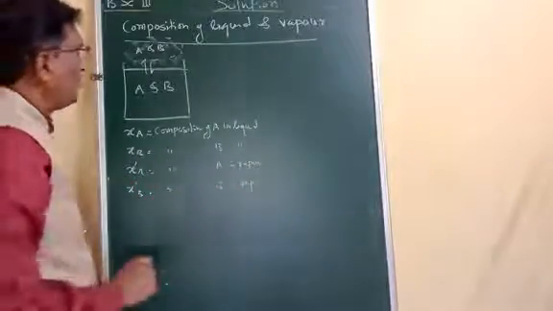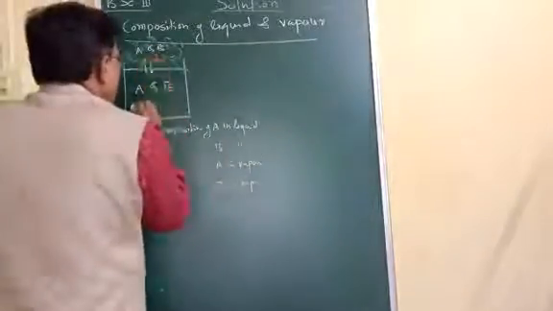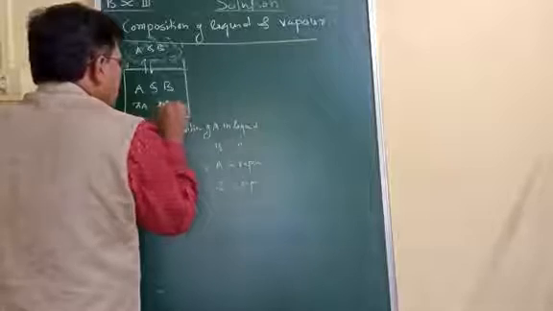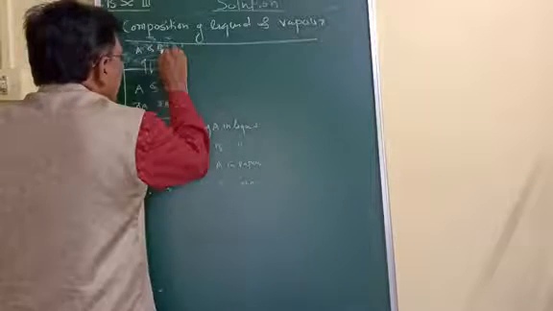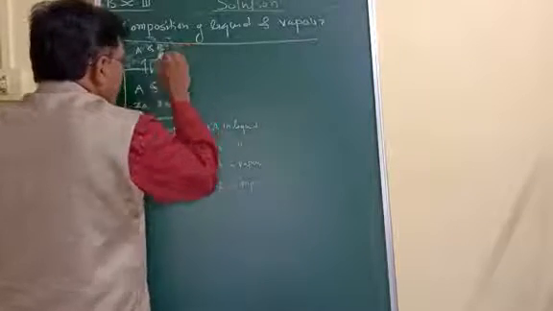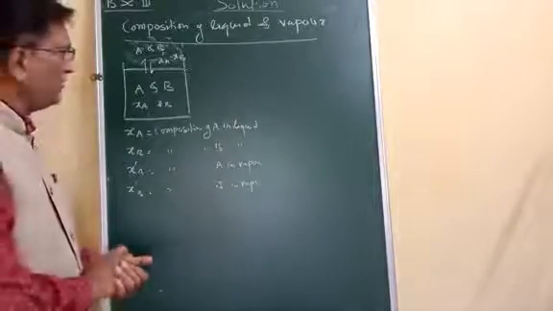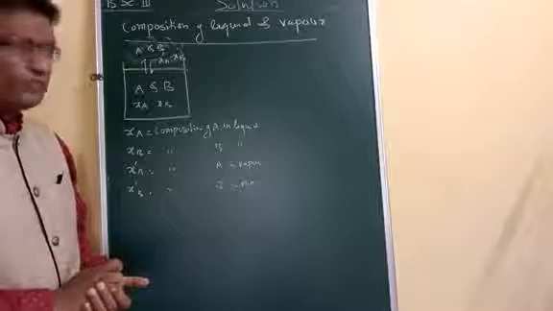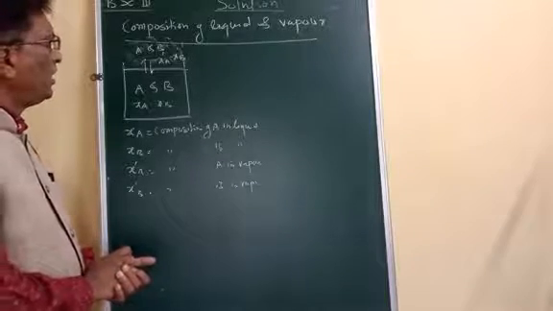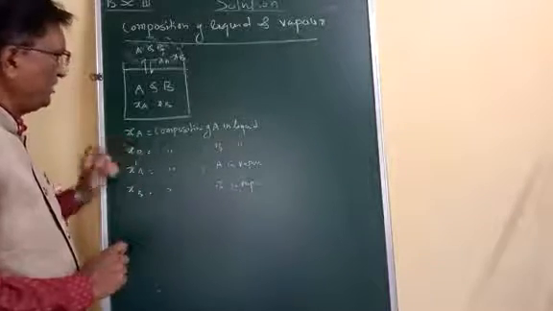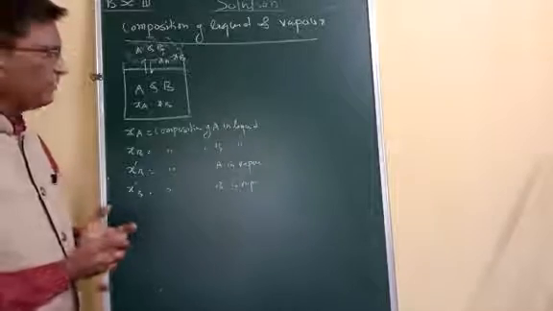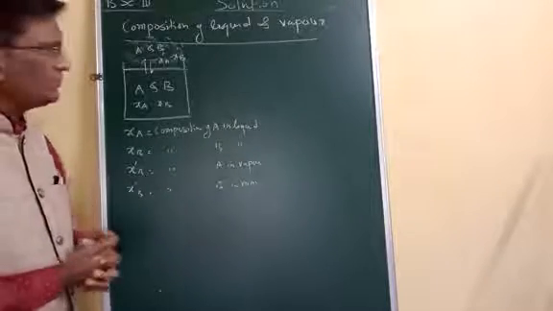That means here XA and XB, and here X dash A and X dash B are the compositions of A and B in liquid and vapor phase respectively. That means the mole fraction of A and the mole fraction of B in liquid and vapor phase respectively.